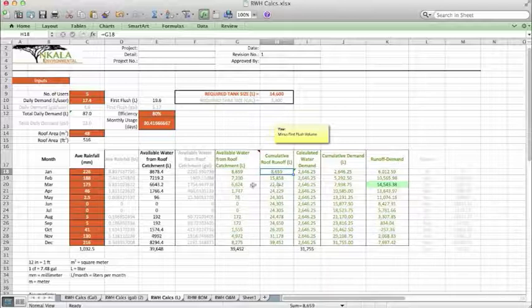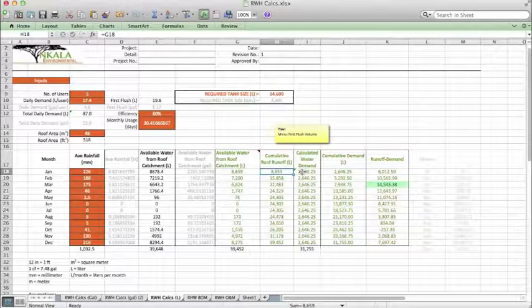For March, it's the sum of January, February, March, and so on and so forth, giving us this same value. We see these values should match, right? This is the sum of the total amount of water that's available, and at the end of December, this is how much our cumulative roof runoff is. That is the rain that has fallen on our roof that is available to us in our rainwater harvesting system.